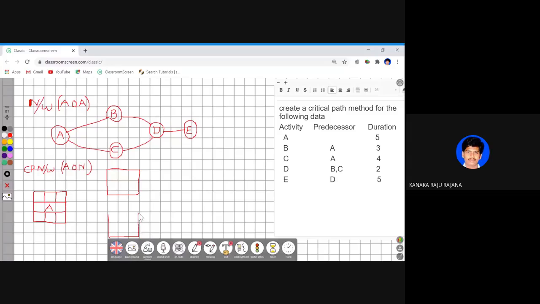Only thing is I am going to make a node of each and every parameter. That's all. Let us assume that this is C. Let us assume that this is B. And this is D.